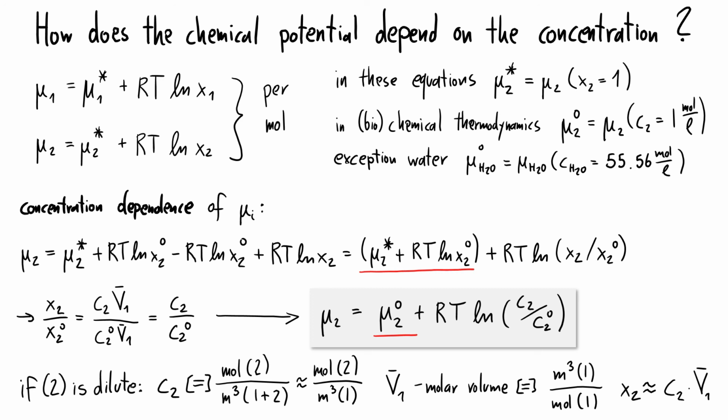And you see the first part of the equation comes from the standard chemical potential of component 2 being the pure solute plus the concentration dependence of the solute, which then allows us to bring it to the standard state, which is 1 mole per liter. And the second term is simply the concentration dependence that was obtained by replacing the mole fractions with the concentrations. Okay.